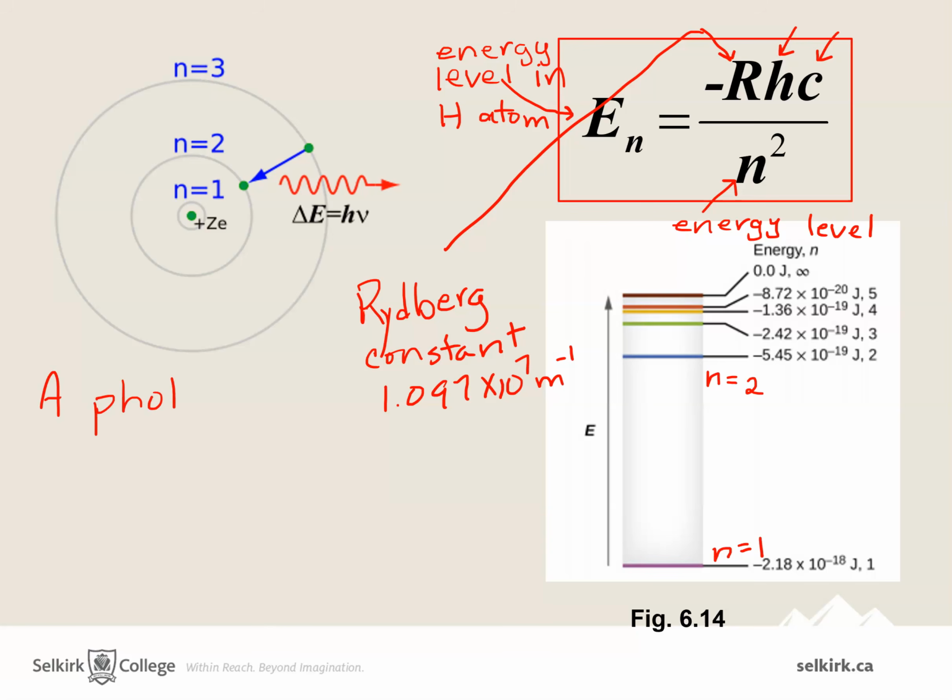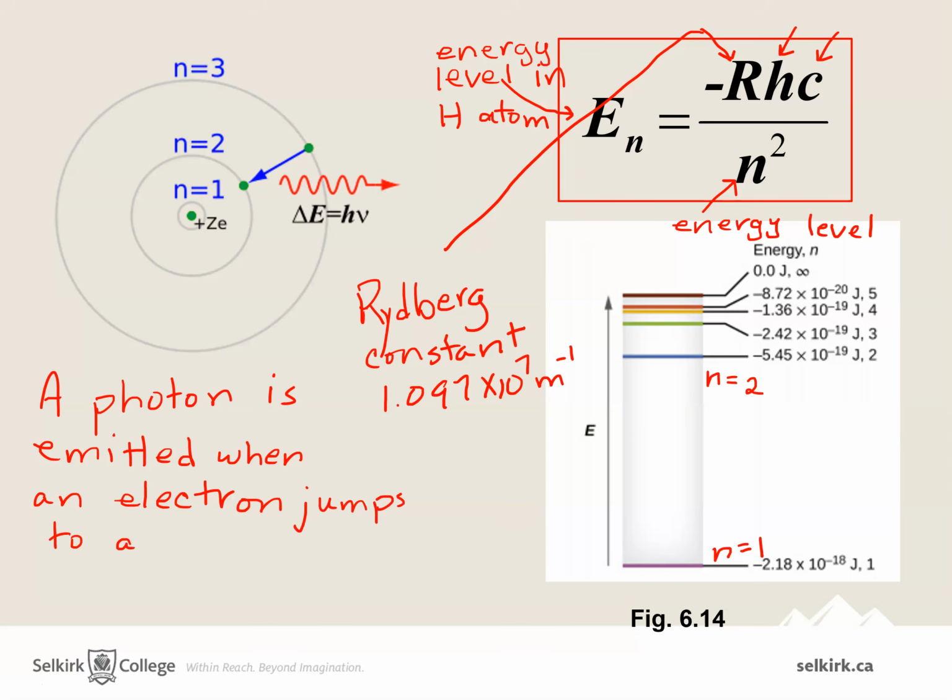A photon of light is emitted when an electron in the hydrogen atom jumps to a lower energy level, which Bohr said corresponded to a lower energy orbit.